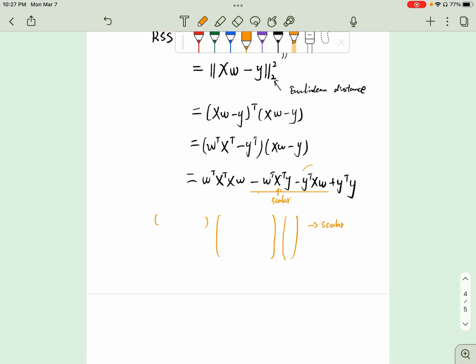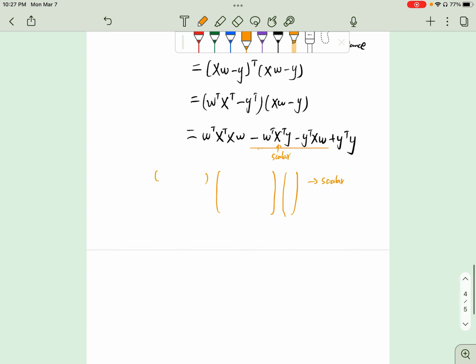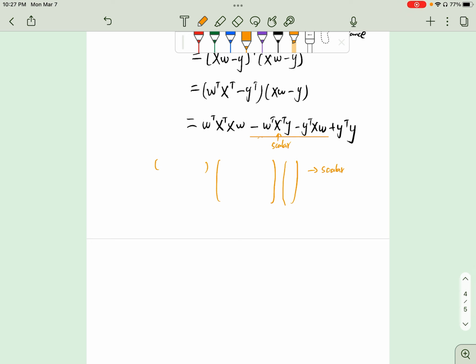How about this one? So this one, y transpose, is a row vector. And I multiply with this X matrix, I will get a row vector. And then I multiply with these weights, a column vector. So this one will also give me a scalar. So these two are scalars, just a number.